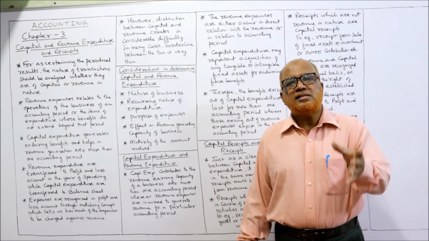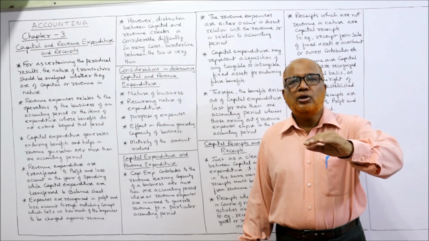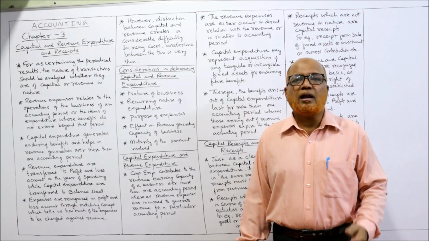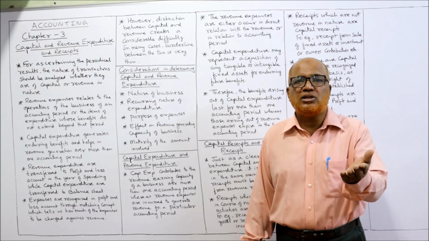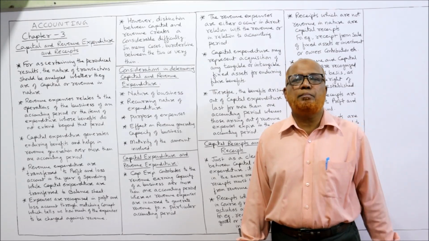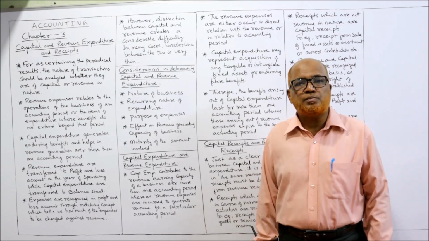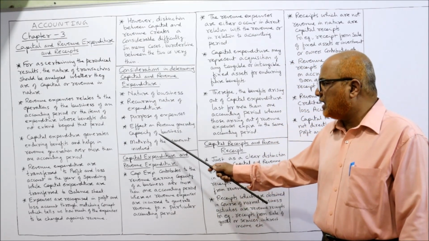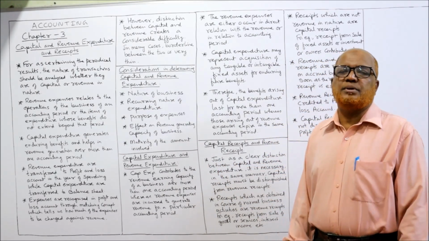For the same machinery, if huge, heavy repairs are made, that means the earning capacity of the machinery has increased. In that case, the major repair will be treated as a capital expenditure, right?